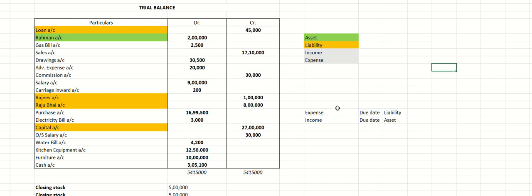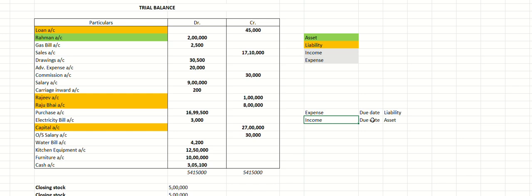What does it mean? Think you want to pay an expense today. Unfortunately, you are unable to make a payment today. So automatically in accounts, the expenses which were unable to be paid on the due date become liability. Similarly, talk about income.